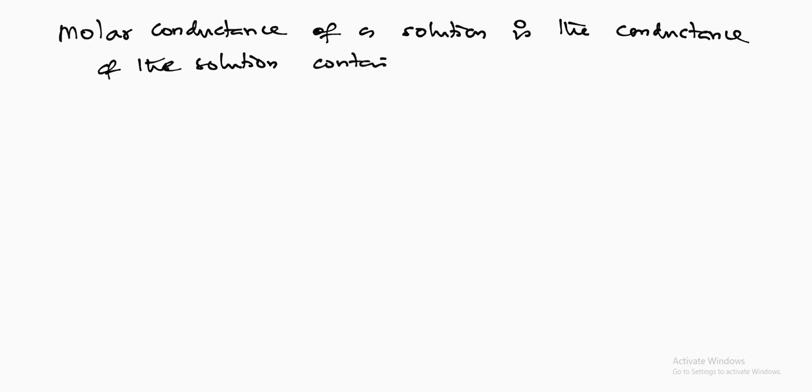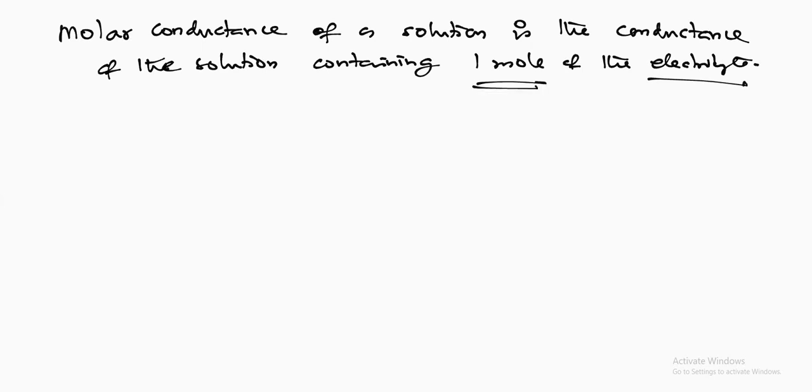Molar conductance of a solution is the conductance of the solution containing 1 mole of an electrolyte. Take down, you should put 1 mole. If the solution contains 1 mole of electrolyte, then the conductance of that solution is nothing but the molar conductance of the solution.